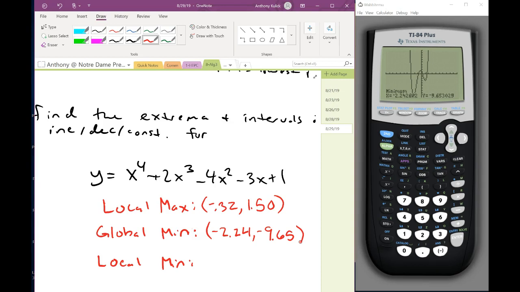You coming to see me? Okay, what's up? Okay. So let's press the mode button, and your mode is set in parametric. It's just something you'd be doing in calculus. We're going to be in function mode for all year in this class.